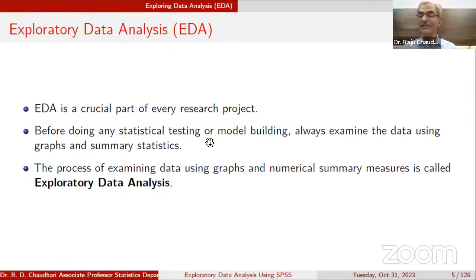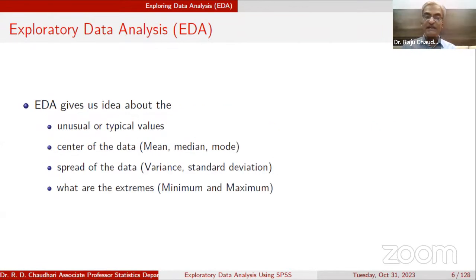Before applying any statistical testing techniques, model building, or regression analysis, we have to examine the data using graphs and summary statistics. That summary statistics is known as descriptive statistics, right? So for this, we have this technique, that is EDA.